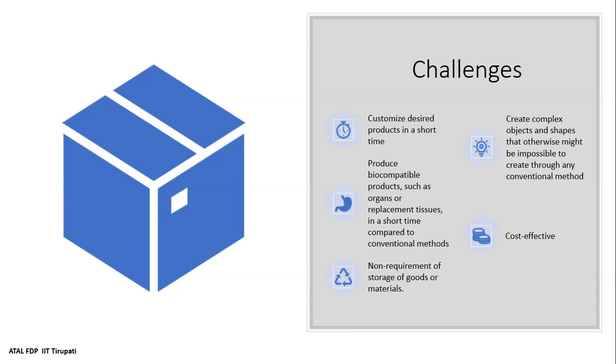You don't have to store; as and when you require, you build the material to your requirement. Creating complex object shapes otherwise impossible in conventional methods can be done very easily. For example, cooling fins around the nozzle can be done very easily using 3D and 4D printing, and it is cost effective.